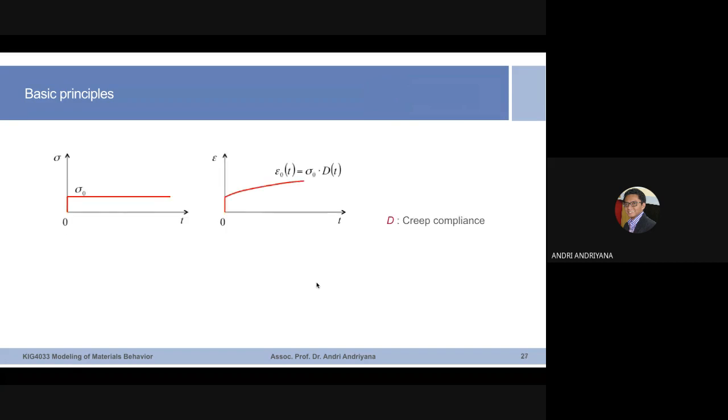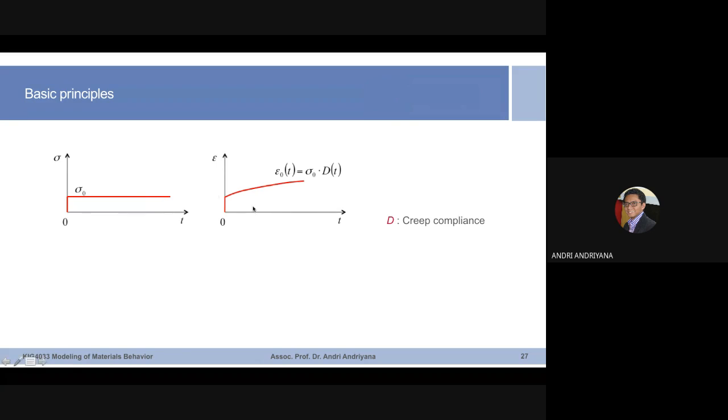What does it mean? Let's have a look here. Imagine that I have a viscoelastic material and it is subjected to constant stress of the amount sigma 0. This is how the stress evolves over time: it is constant, sigma 0. Because the material is viscoelastic, of course, the resulting strain will evolve over time.